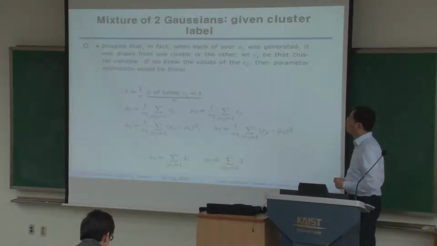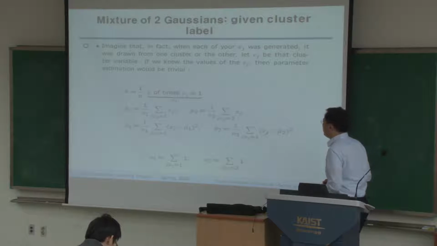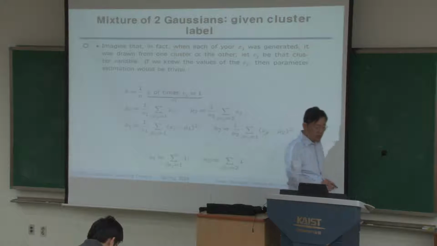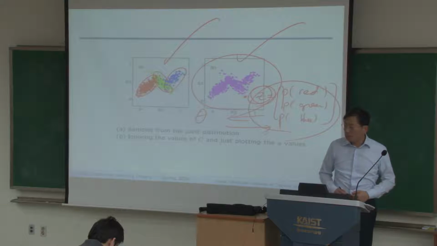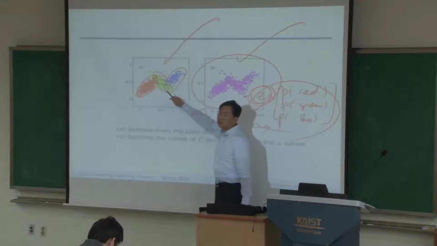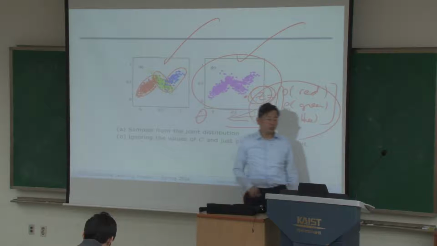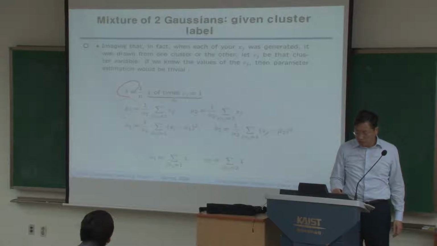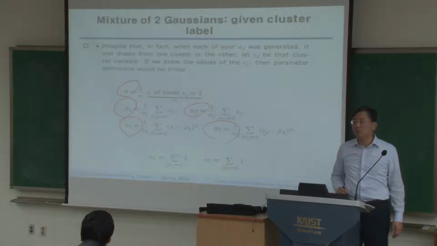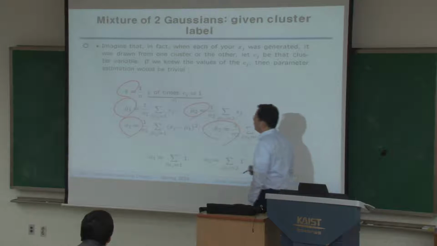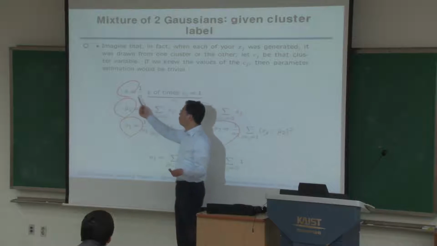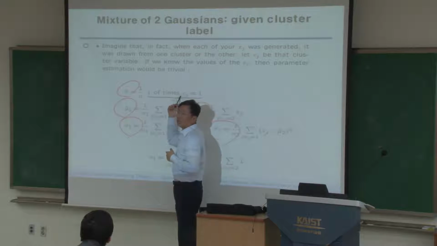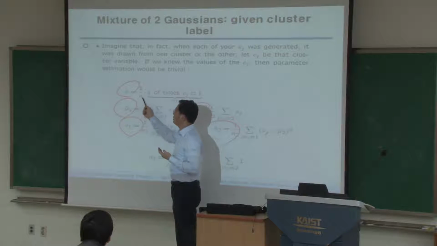This slide is about the left-hand side of the previous one. If I have this situation, how do I calculate my pi, mu's, and sigmas? Let's say for the red one, you just count the number of times that it's red out of all the data.